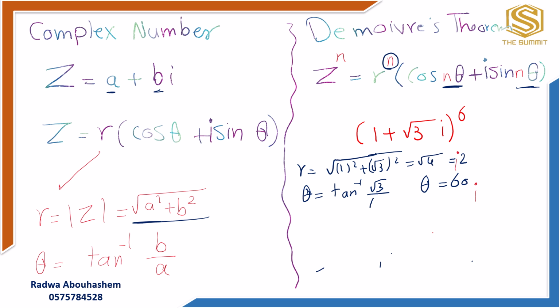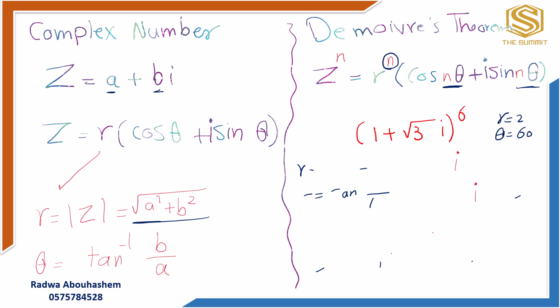Because I have r equals 2 and theta equals 60. So let's write it. So z equals 2 times cosine 60 plus sine 60.